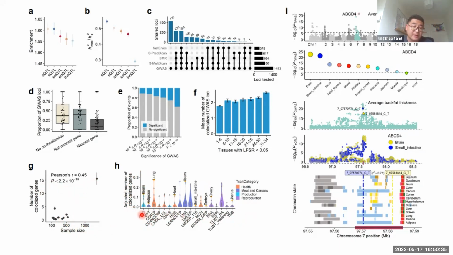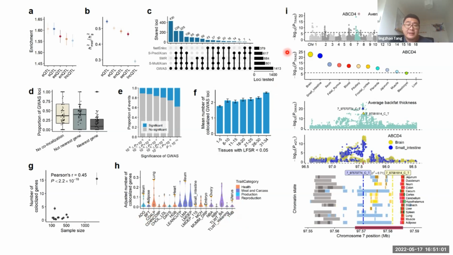The first trait is average daily gain, and we found the most relevant tissue is the ileum, followed by brain, I think, but I didn't point to it here. For back fat thickness, the most relevant is adipose. And for fertility traits, the most relevant is uterus. So this looks like biological relevance.